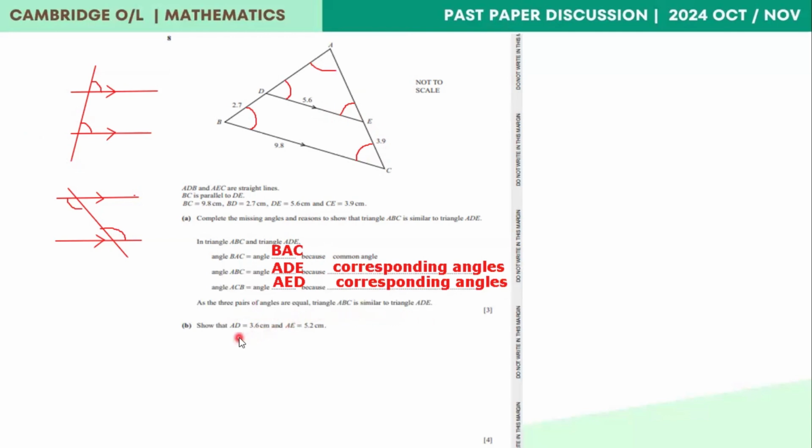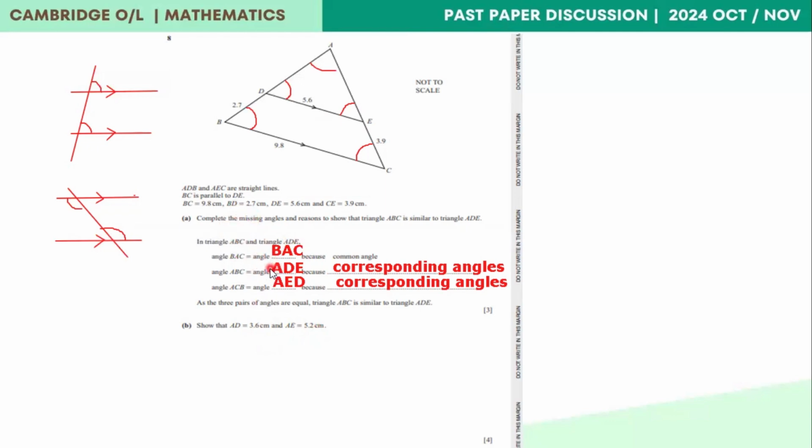Now part B: show that AD is equal to 3.6 centimeters and AE is equal to 5.2 centimeters. In other words, we have to find the value of AD and show that it's 3.6, and find the value of AE and show that it's 5.2. In similar triangles, we can use the length ratio.